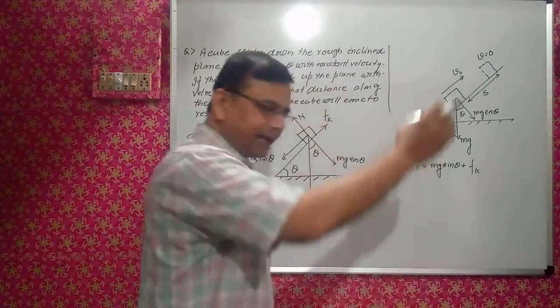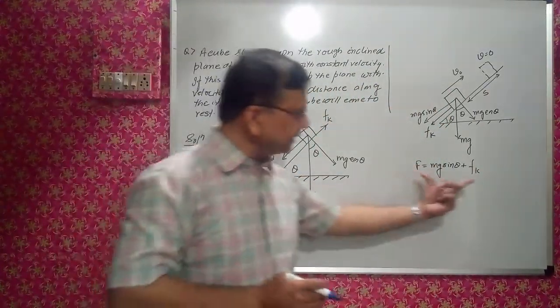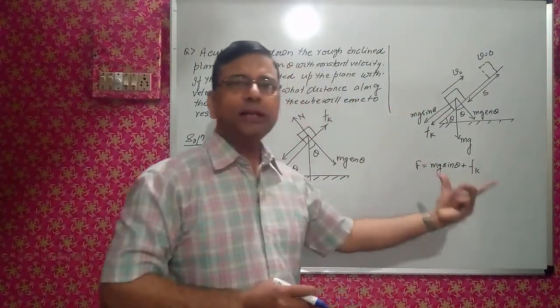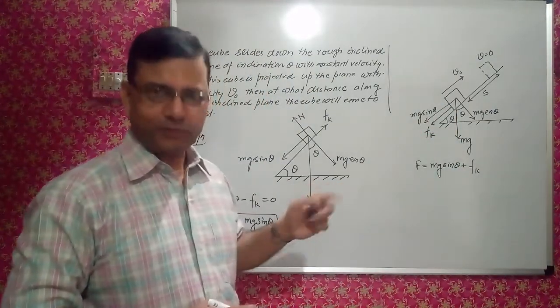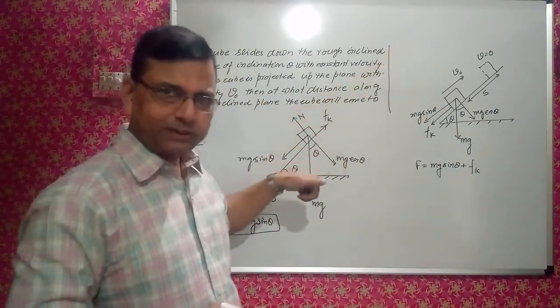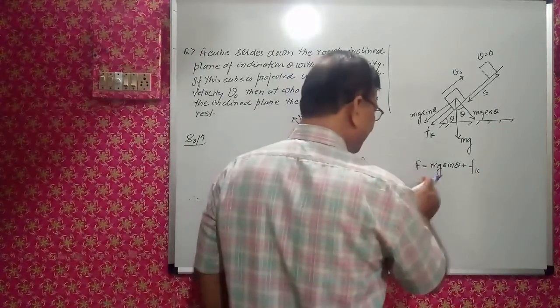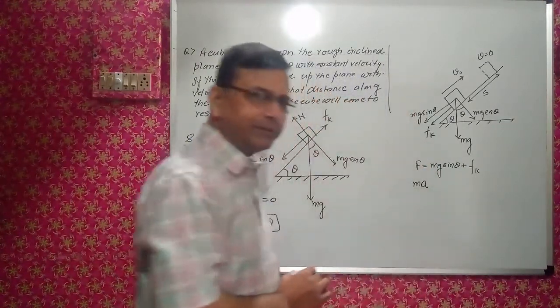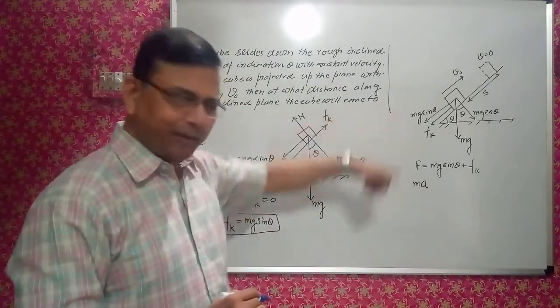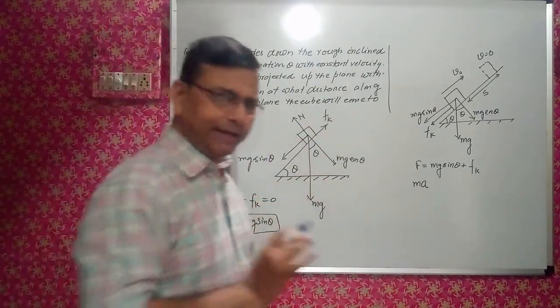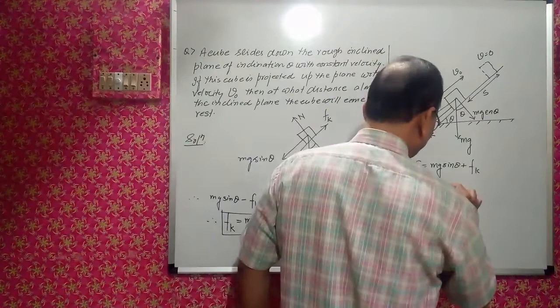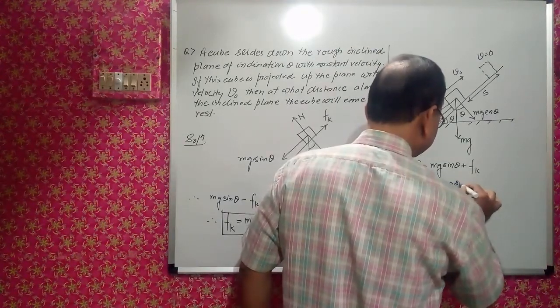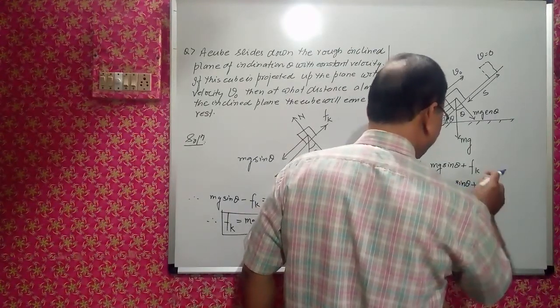This much force is acting downward, and this is a constant force, so this will cause retardation because it is going up and a backward force is acting. So this force is equal to mass into retardation, acceleration a in the backward direction, that is why it is called retardation. That is equal to mg sin theta plus fk.